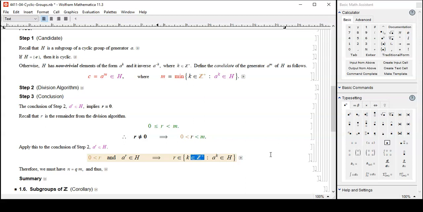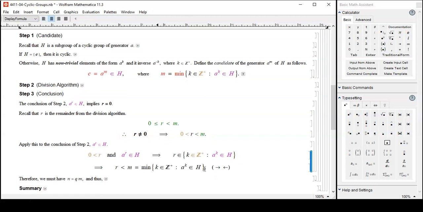Consequently, we're talking about Z plus, highlighted in brown. Now, we proved in step 2 that a to the r power belongs to h, and that corresponds to this purple condition. So what do we have? Brown and purple. We have the very same set where m came from. So r and m both came from the same set, and r is strictly less than m, yet m is the minimum. That's not possible. There goes your contradiction.